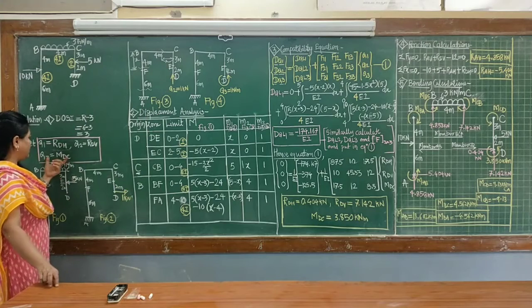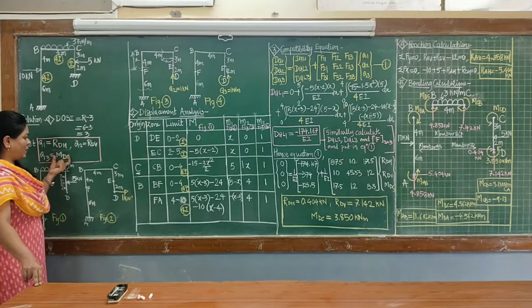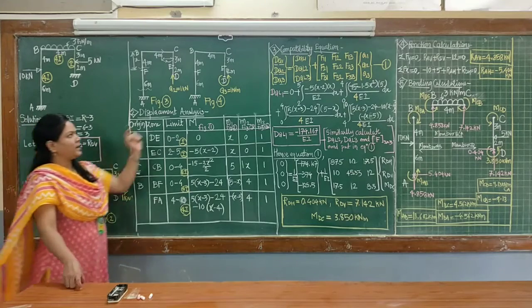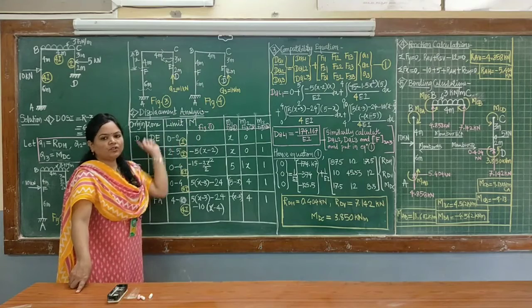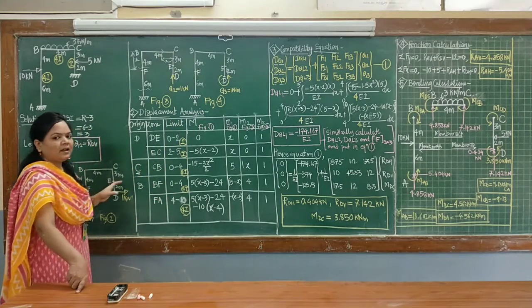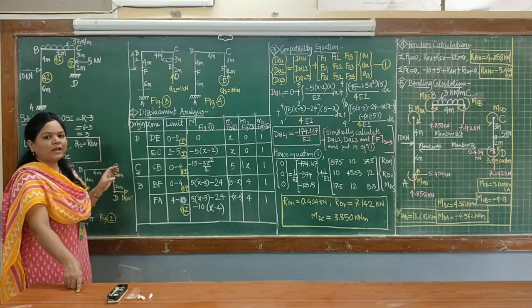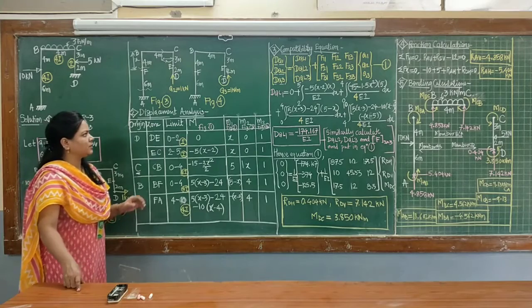And the last figure will be for the last unknown Q3. Here it is the moment. So apply unit moment at support D. That will be figure number 4. So once you complete these figures, the statically determinate structure and removing all external load and giving the unit load to the unknown, those will be the next figures.